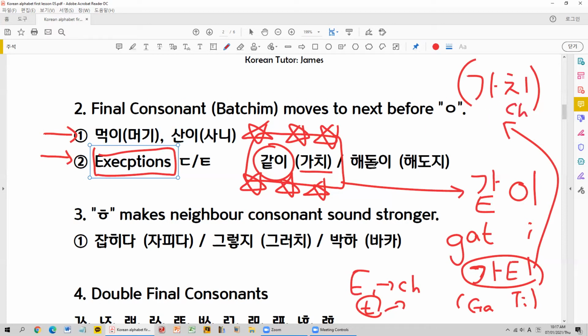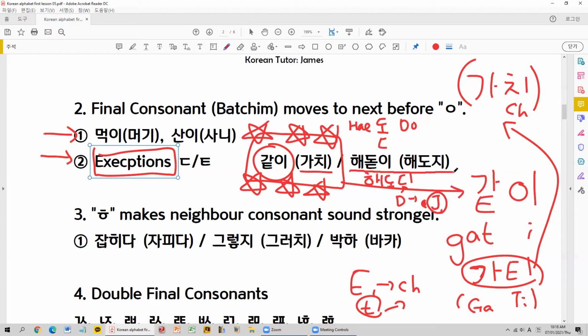A similar example here. The first one is he, H-A-E, and then the second one is do. This is do, and there's a D sound there. So we replace the D sound with E. So we have to read 해도 D, but the D sound here changes to a J sound.